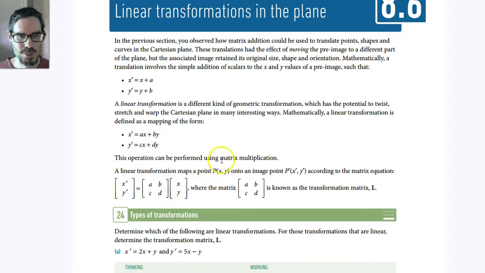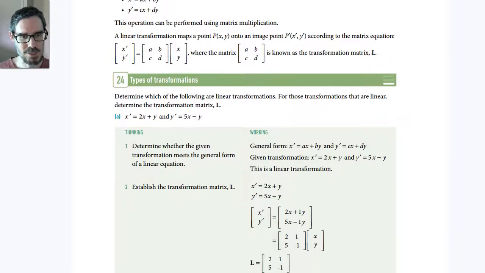So first question, when can we do this? Well, we're doing this for linear transformations. So we're going to look at the question and go, is this linear? Well, x prime, the new x coordinate, is a linear combination of the original x and y, and the y prime is also a linear combination of the original x and y. So this is linear.